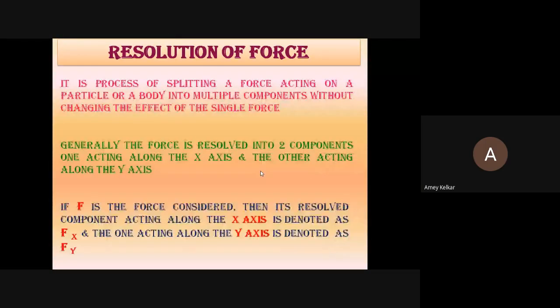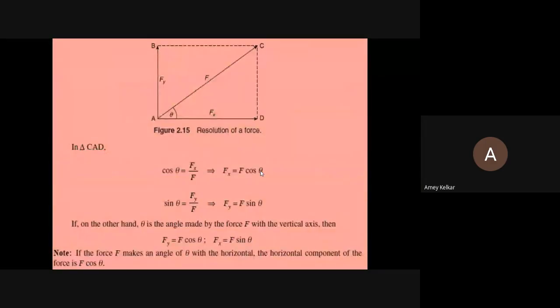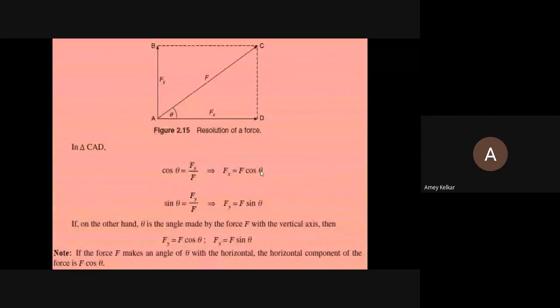This was the process of resolution. Now when we go for composition, first we have to resolve individual forces and then we can compose them. Note this figure down if you have a pen and paper with you. Fx is F cos theta, Fy is F sin theta, where the angle is with the horizontal.